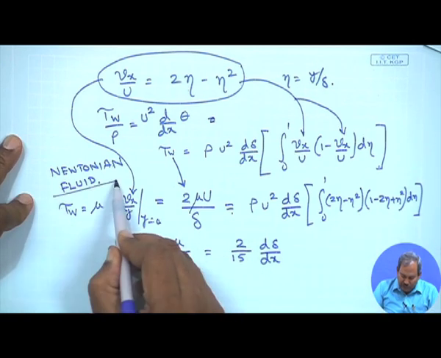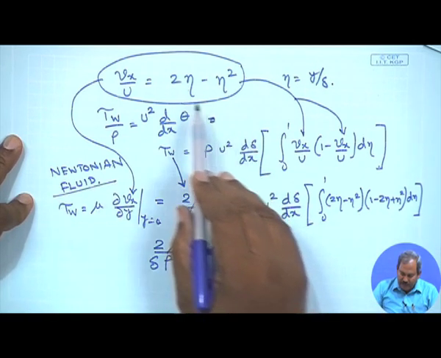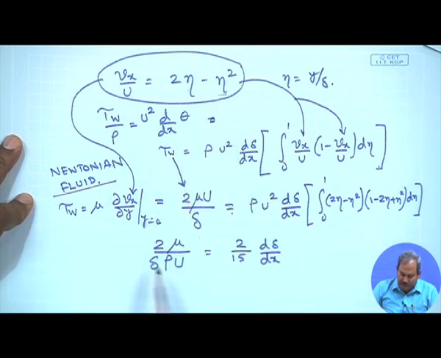So, your choice of Newtonian fluid and your choice of any arbitrary profile has given rise to a compact ordinary differential equation connecting delta with x in terms of the properties mu and rho, the unknown delta, and the condition of the flow, the free stream velocity at the outside of the boundary layer.